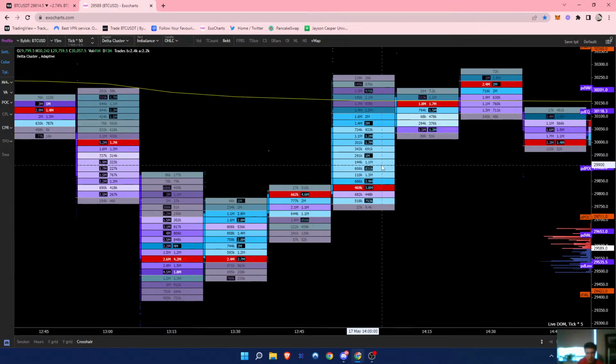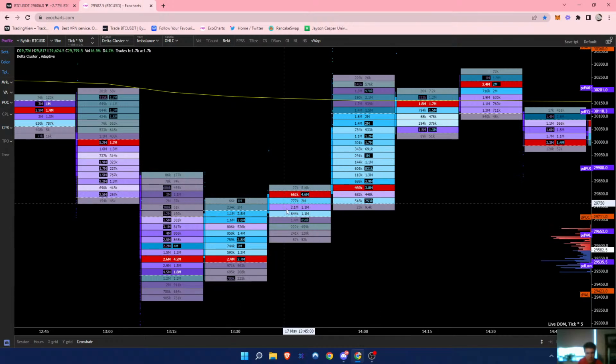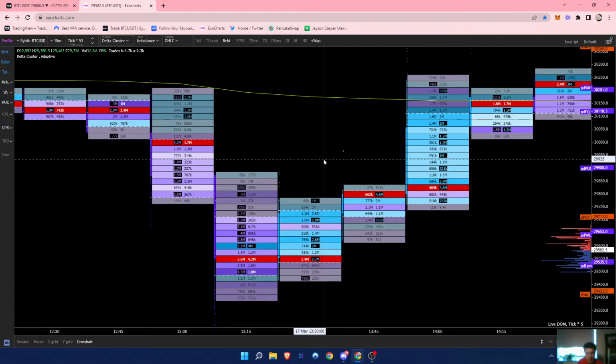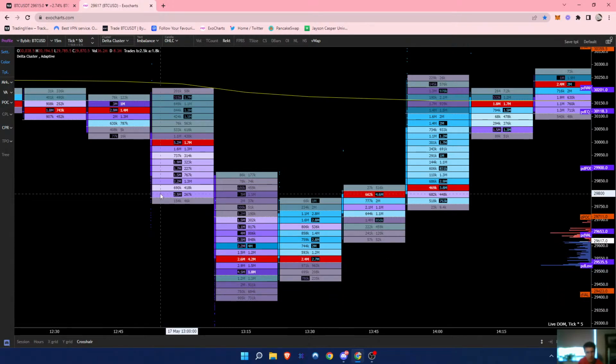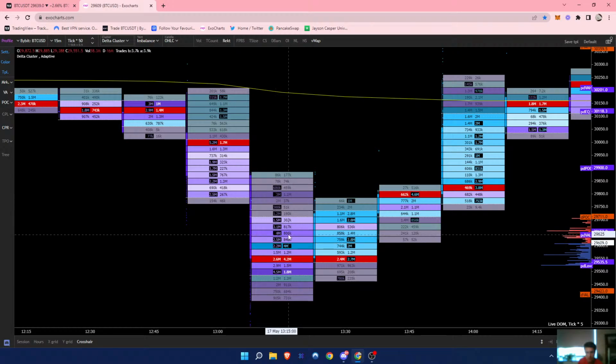And again, I personally wouldn't have entered until this candle right here. Usually you want to see a good amount of longs pushing these shorts underwater, punishing the people who shorted at support.